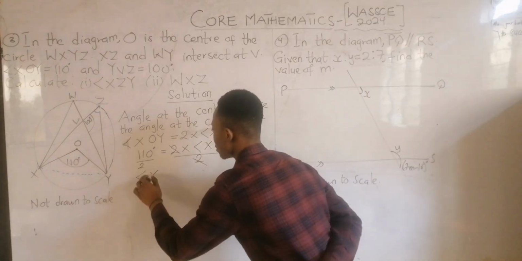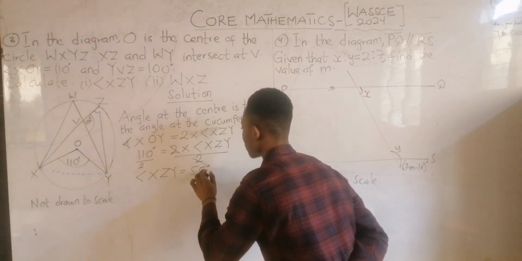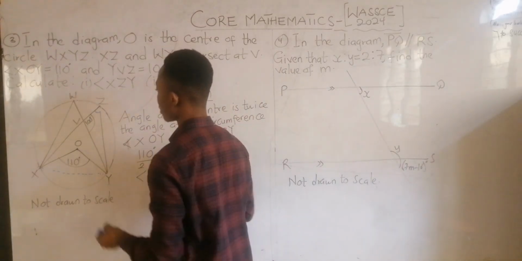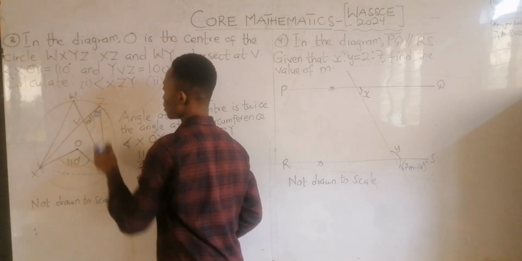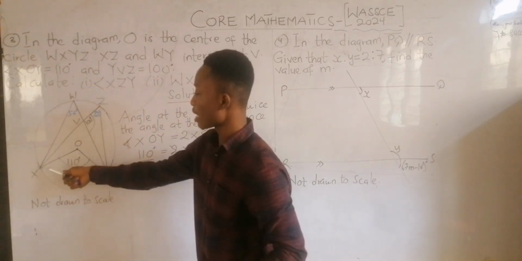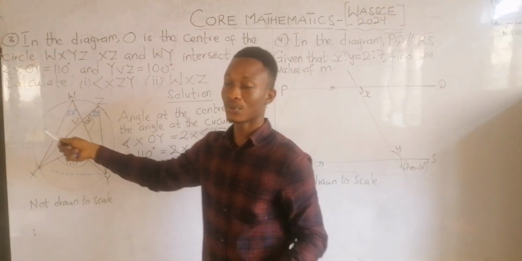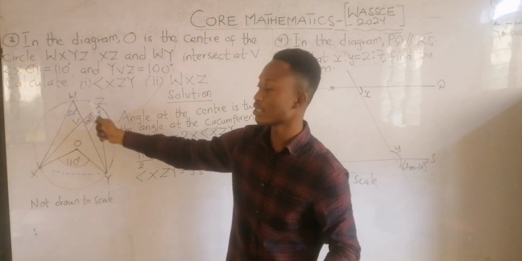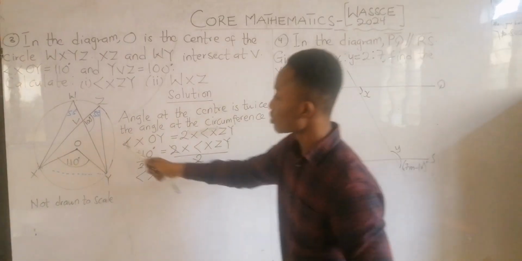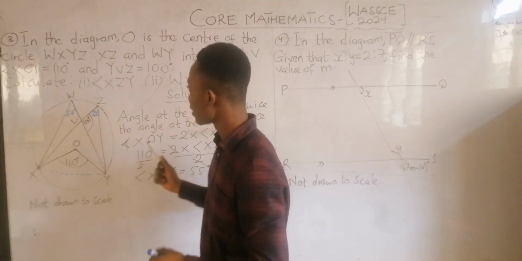So angle XZY is 55 degrees. This other angle is also 55 degrees because angles subtended at the circumference in the same segment are equal. So WYX is also 55.